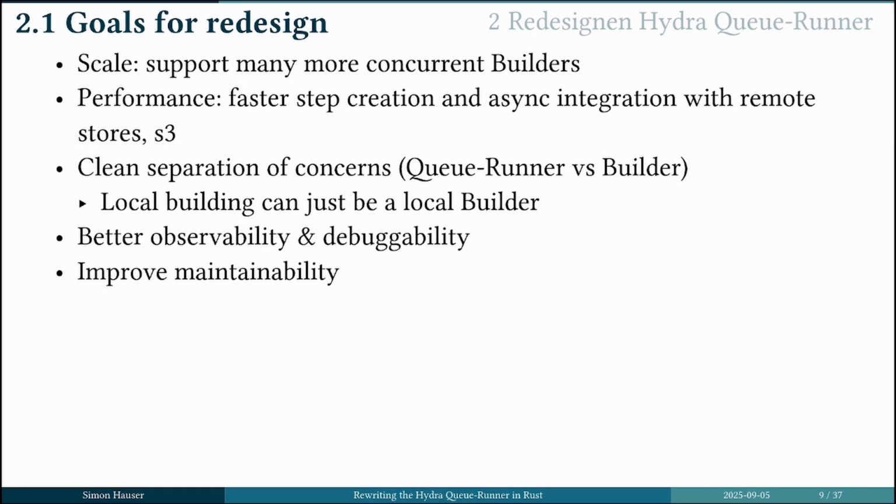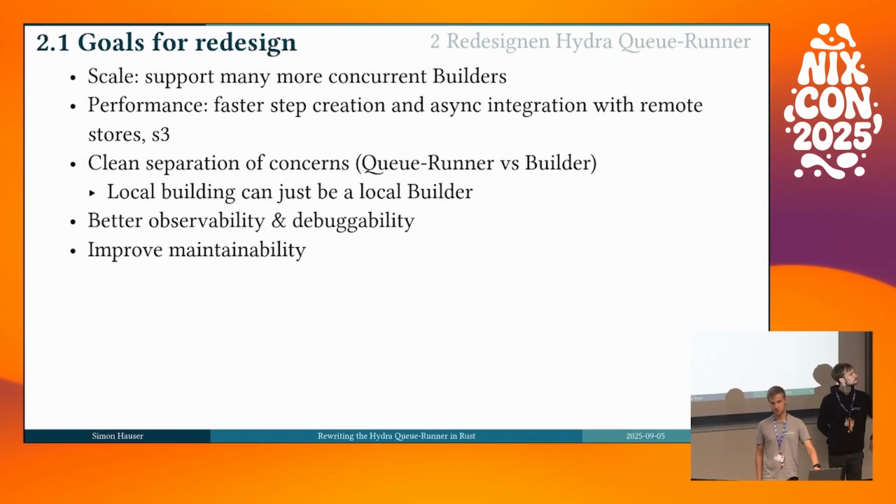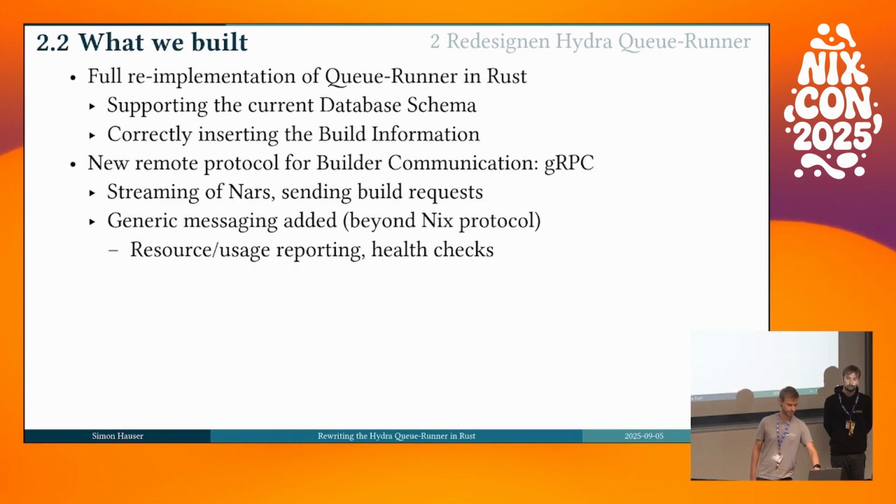There's also extra logic for local building, for example, in the C++ version, which can just be resolved in the future with a local builder. I will come to that soon. And also better observability, debuggability, and improved maintenance, so that more people can contribute, easier bug fixes, and maybe better scheduling algorithms can be explored in the future.